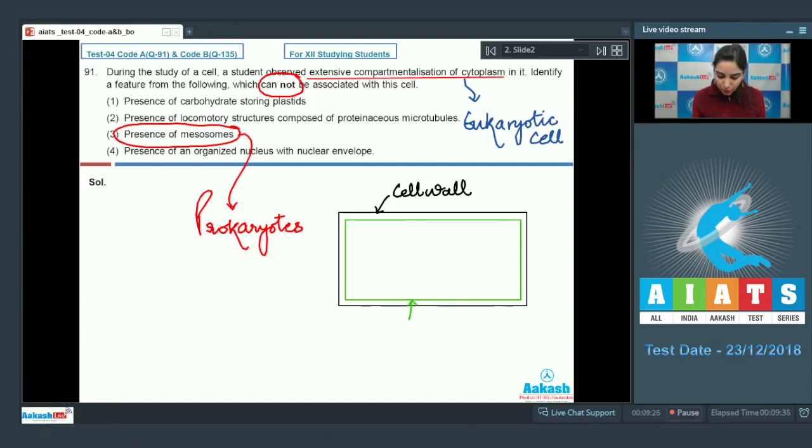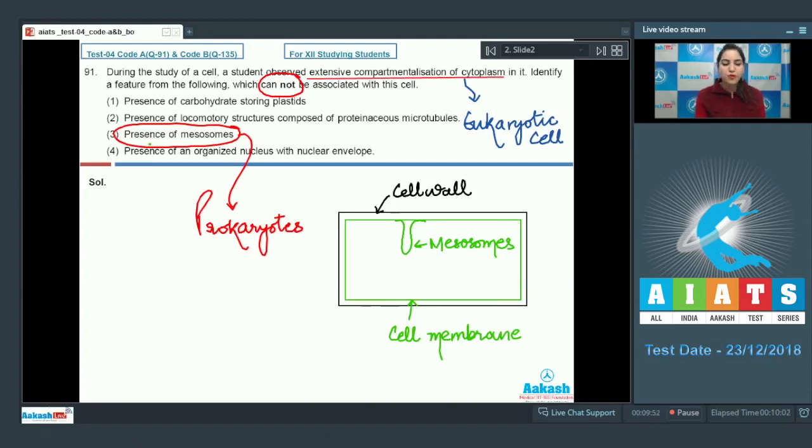Now students, why I'm talking about this? The reason is that in case of prokaryotes, the cell membrane can undergo certain infoldings, also known as invaginations, forming mesosomes. Yes, and these mesosomes, they are a characteristic feature of prokaryotes.